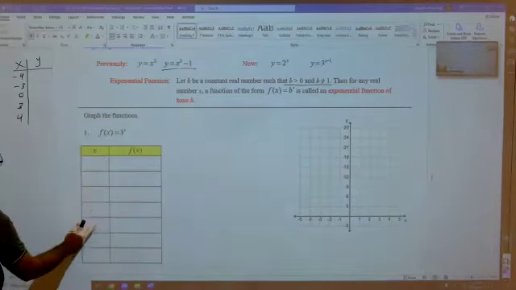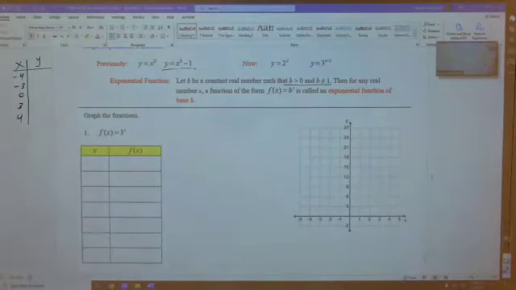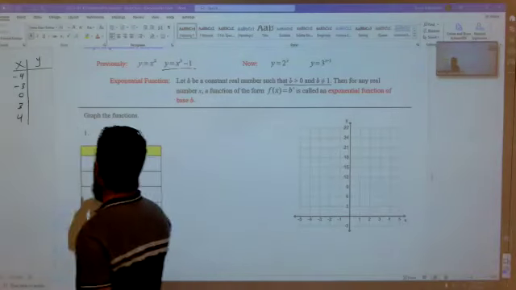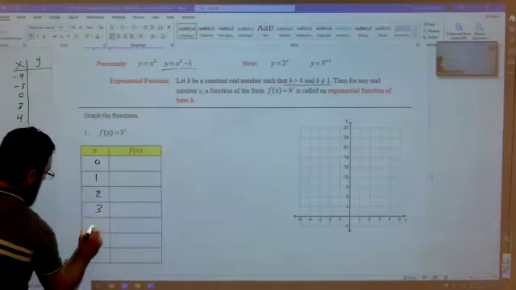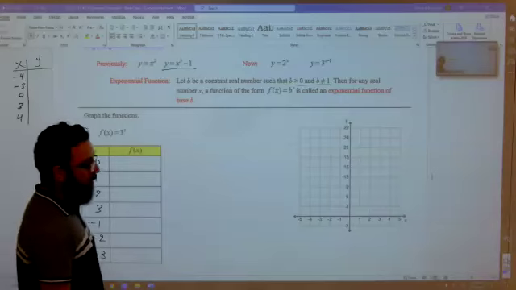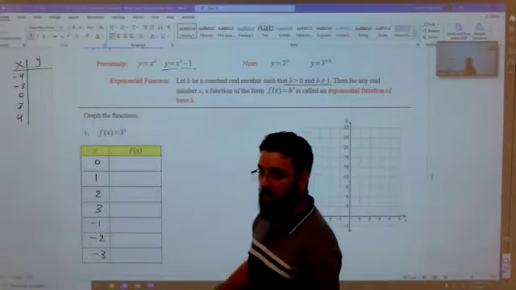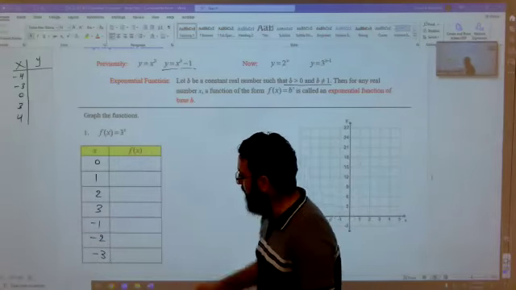I choose 0, 1, 2, 3, and I also choose negatives: -1, -2, -3. I was trying to check so I could use the same numbers, because I have the result here.